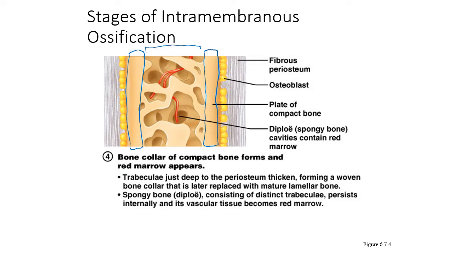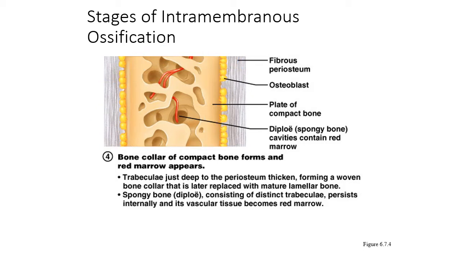We've got spongy bone in the middle. All of that is then filled in with our red bone marrow on the inside. We've got our periosteum on the outside surrounding the bone, and a layer of osteoblasts continuing to grow the bone. So it's continuing to thicken the bone, continuing to add to the thickness of the compact bone there.